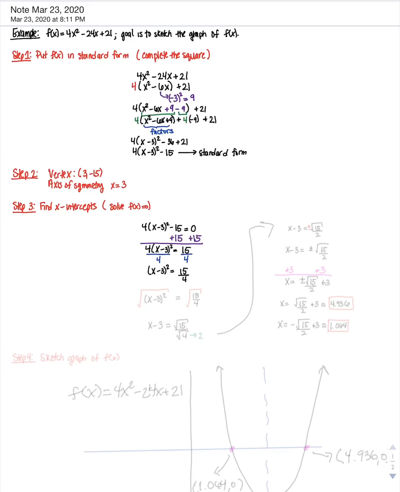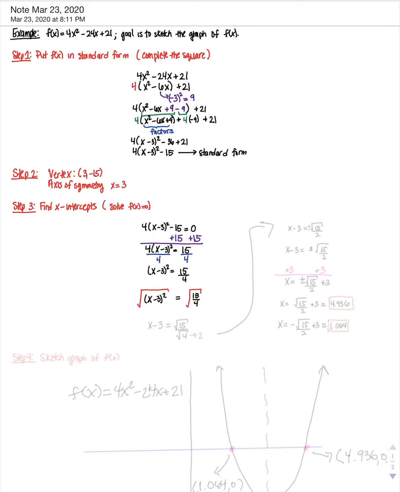Now we can take the square root of both sides. And we get the square root of x minus 3 squared is equal to the square root of 15 over 4.